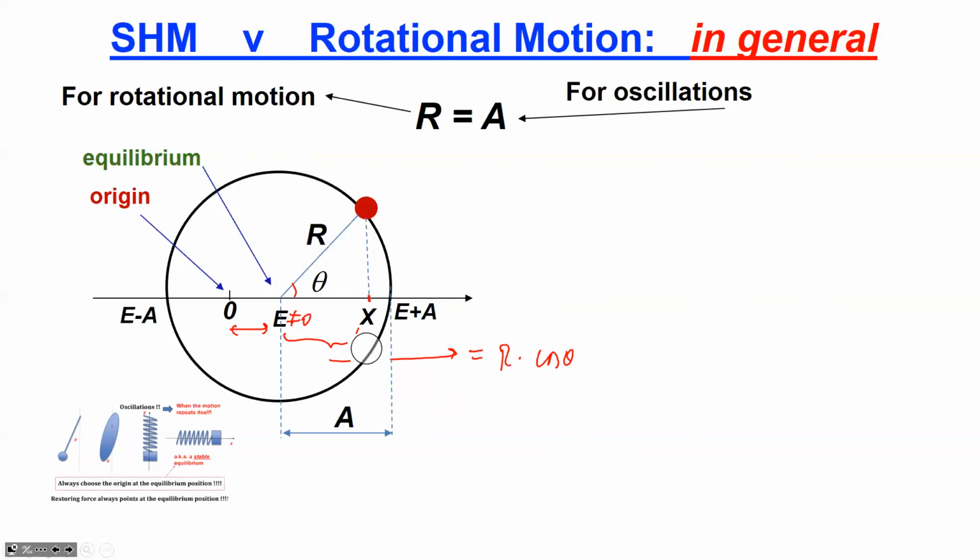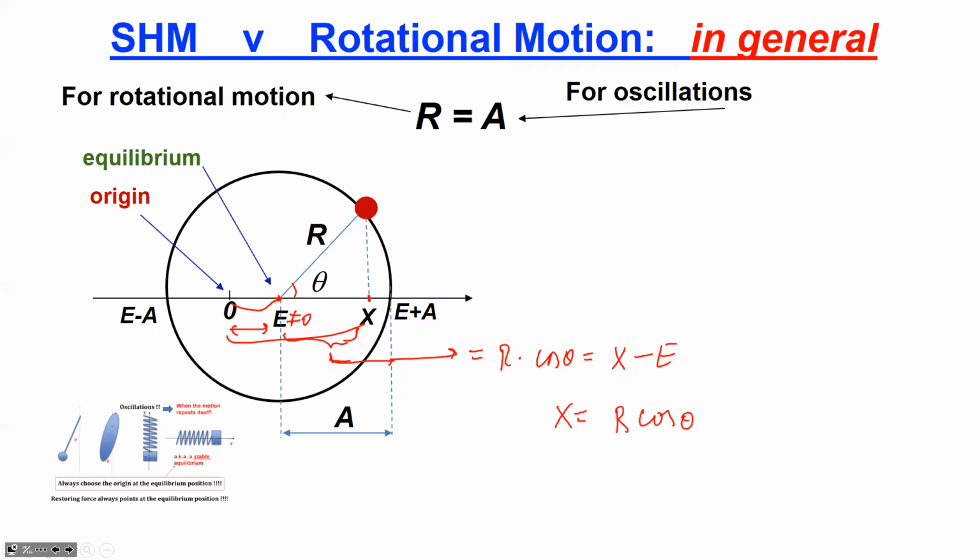If this part has no name, but it equals this difference, x minus the x coordinate of the equilibrium. That's what it is. So we can rewrite this equation by just moving.